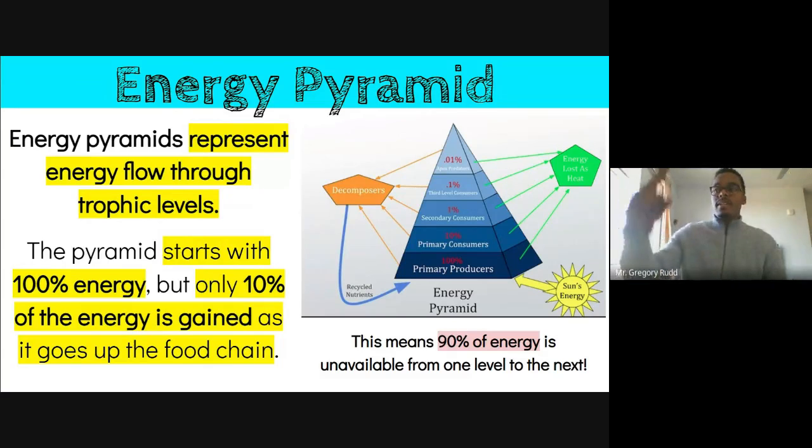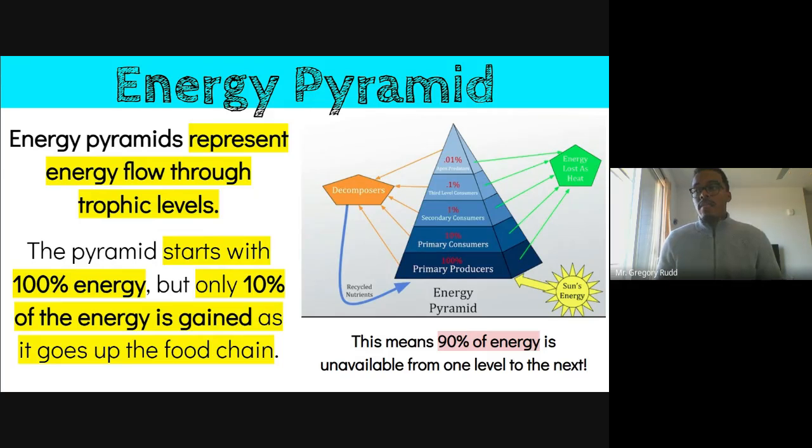And then we move up again. The snakes eat the mice. The mice, of course, have been running around. They've been reproducing. They've been moving their noses and whiskers, trying to sense their environment. All of that takes energy. And of course, along the way, all of these organisms are also giving off energy as heat.